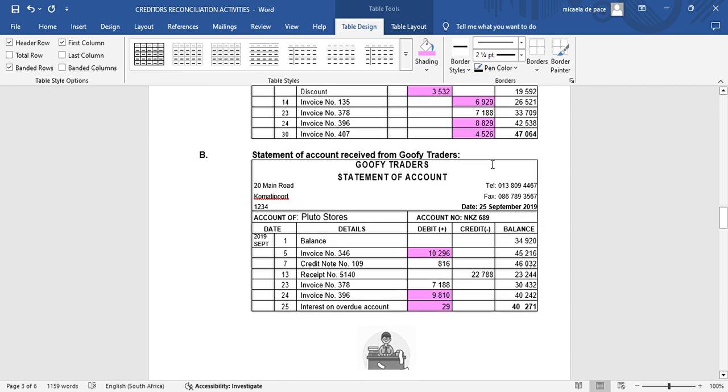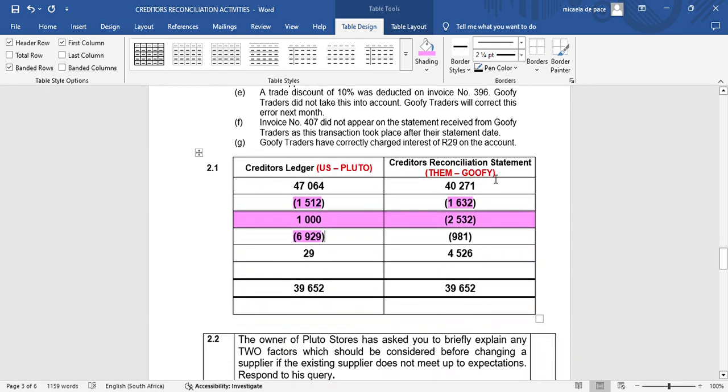The difference there is 981, which then needs to get subtracted from the amount that we owe to Goofy. So they forgot to record a discount. We are now recording that discount and it decreases the amount that we owed.